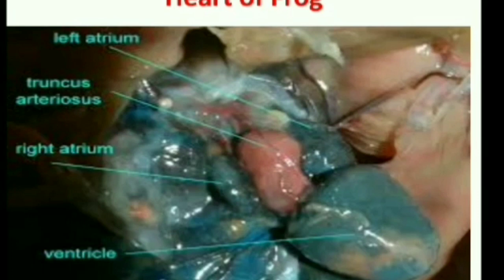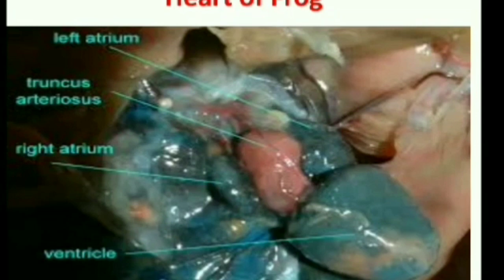Another important thing, accessory chambers are more developed in lower organisms like fishes and amphibians, but as we move upward towards the higher vertebrates, there is an evolutionary trend that accessory chambers got reduced while true chambers persist.